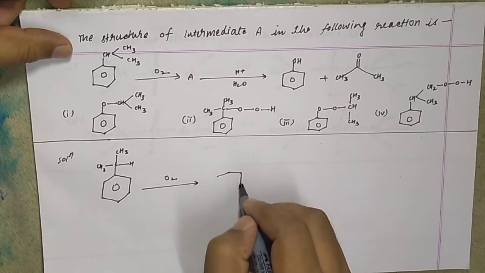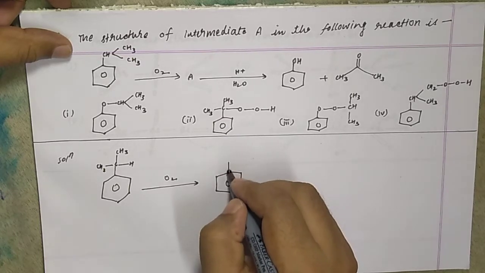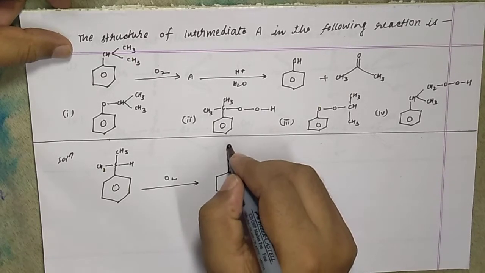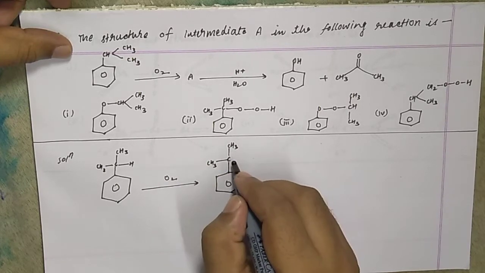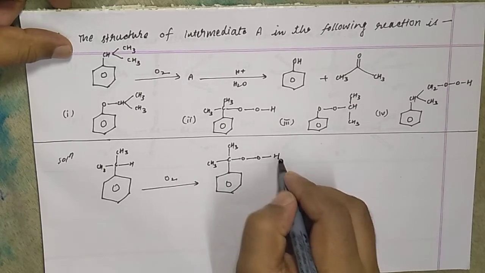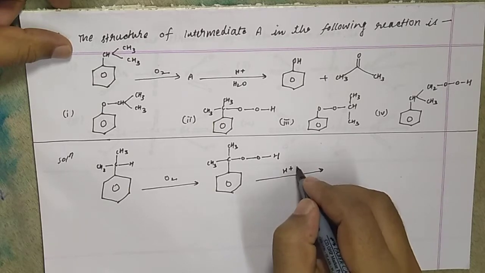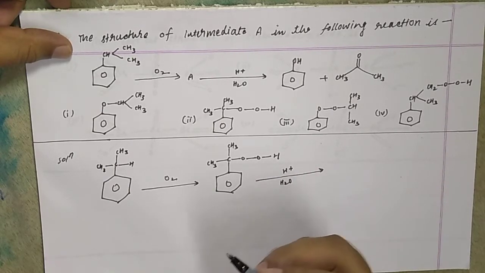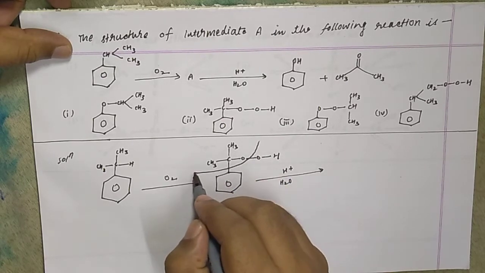What it will give the intermediate compound. How the intermediate compound will form, that we need to check. That is, here is CH3, and what will happen, O, and this is H. Now when you are treating with the H+, H+ is taken from H2O, so what will happen, this acetone will get separated.